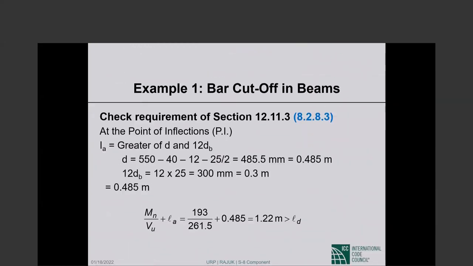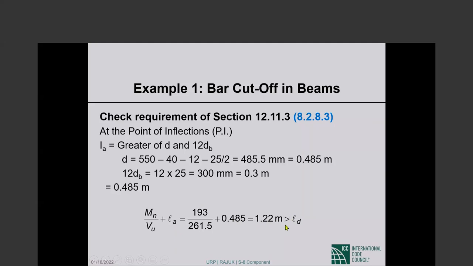So at the point of inflection, L sub A is the greater of D or 12 bar diameters. D in our case is 485.5, 12 bar diameters is 300, so this governs. So M sub N over V sub U plus L sub A is 193, M sub N, V sub U of 261.5 plus L sub A of 485, that is 1.22 meters.